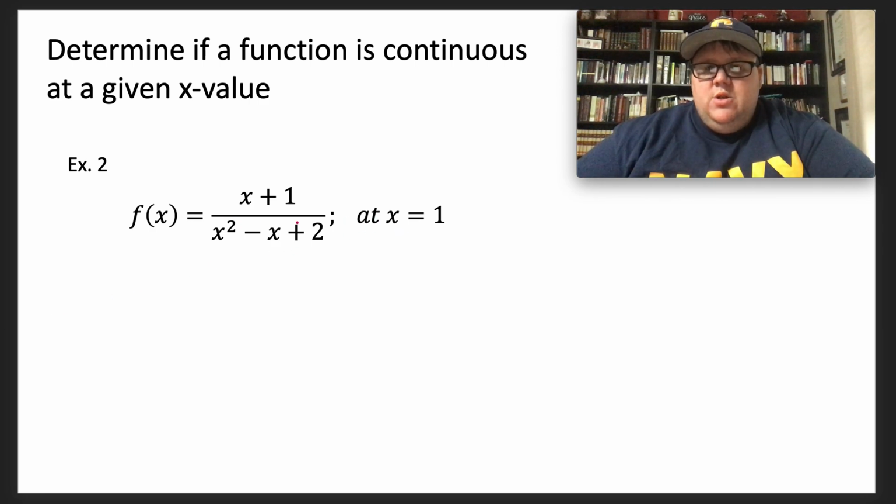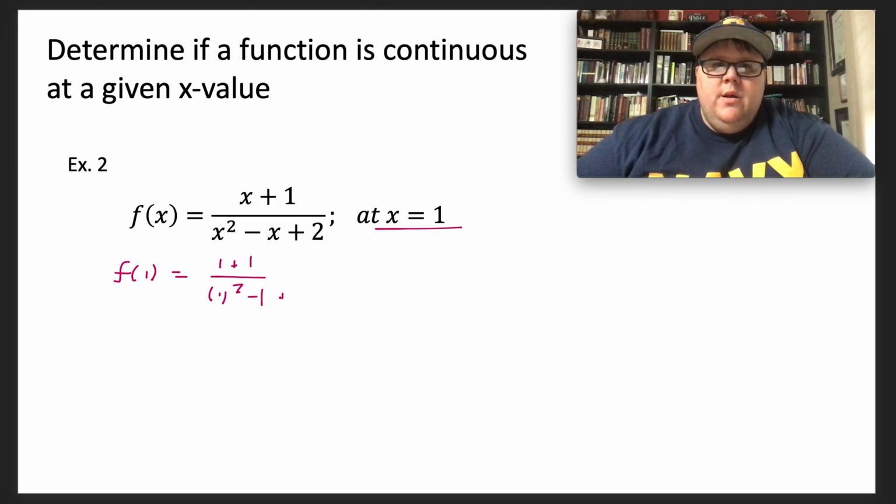So in this case, we're going to examine this function at x equals 1. Again, I'm going to plug in my value and see what happens. If I get a value, it's continuous and I don't have to go any further. So I'm going to do f of 1 equals 1 plus 1 over 1 squared minus 1 plus 2.